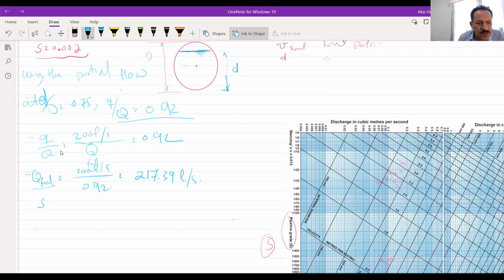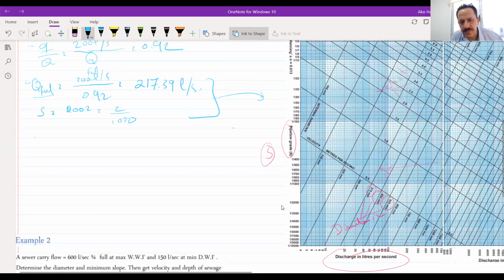And we have this slope. The slope of this line is equal to 0.002, right? Which just means 2 per 1,000. So I can use these two values in this diagram to find the diameter.